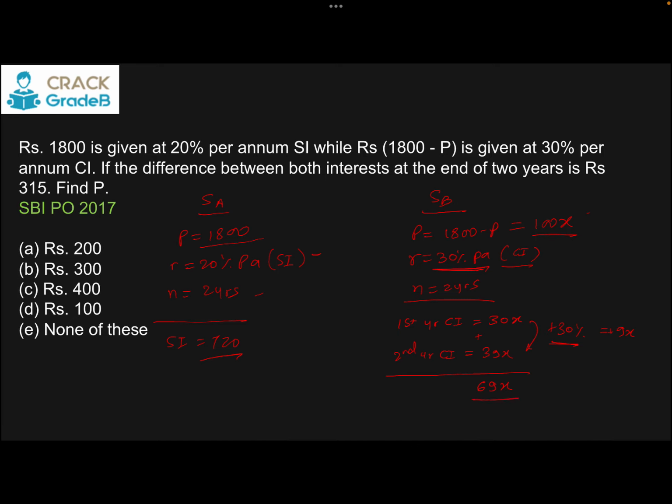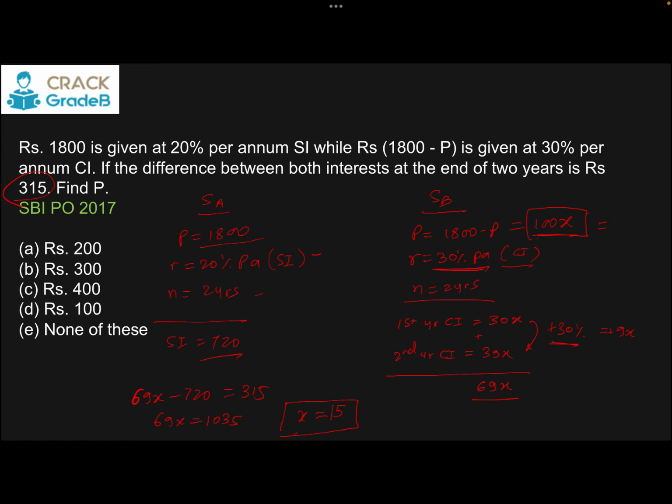The difference between these two is given as 315. So 69x minus 720 is given as 315. So 69x will be equal to 1035. That gets us x is equal to 69's 1 times and 69's 5 times. x will be equal to 15.